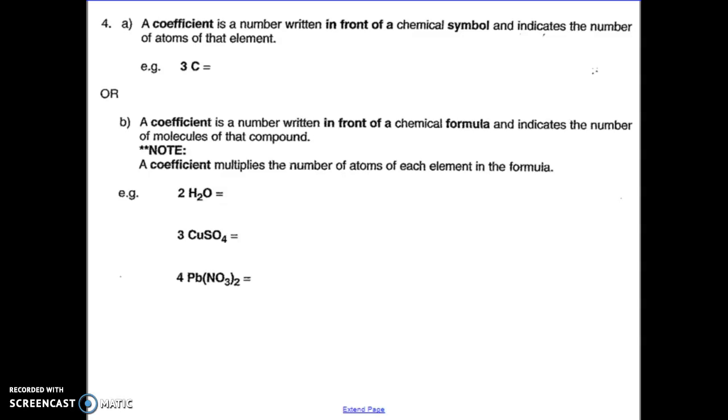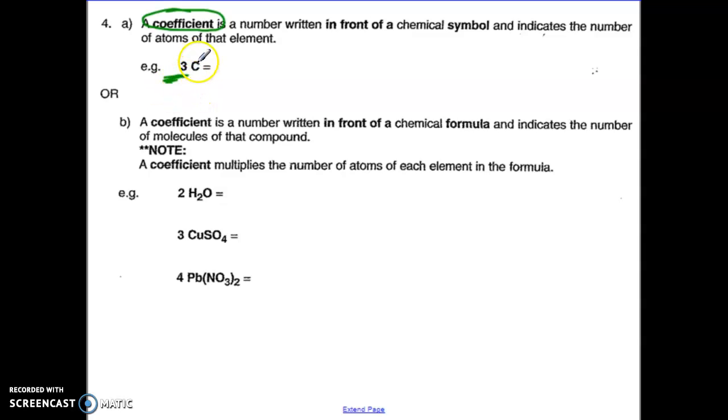All right, so now the last rule is really coming into play with something called a coefficient. So a coefficient is a number, not a subscript in the corner of the value, but it's actually a big number that is written in front of a chemical symbol.